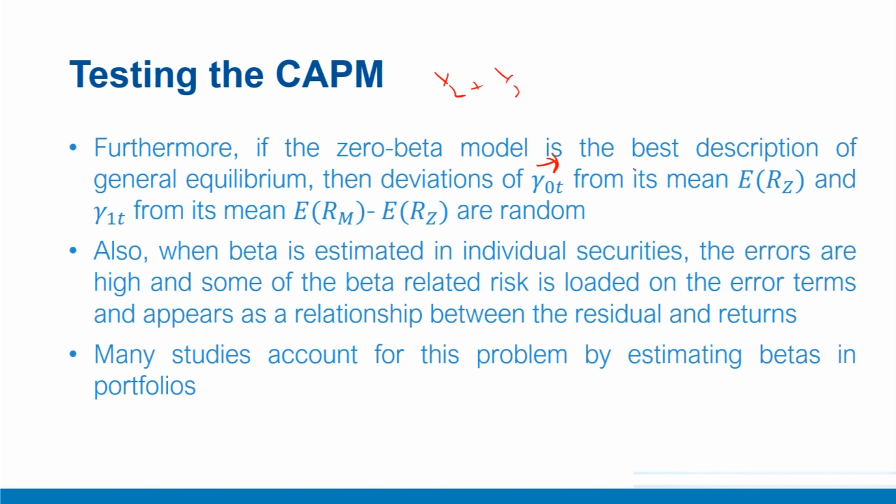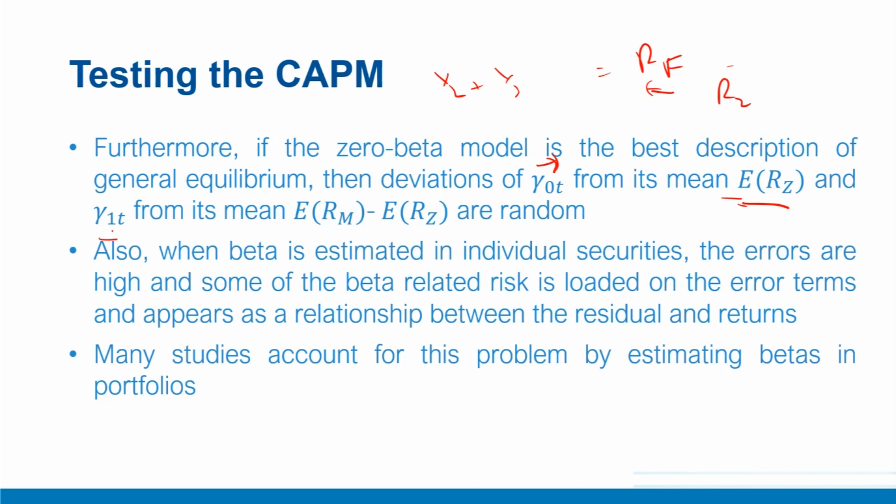For example, if we believe the zero beta version is a true depiction of reality, the mean of gamma naught is the expected value of RZ, or RZ bar, and the period by period deviations of gamma naught t from its mean should be 0. If we believe the standard version of CAPM holds, then gamma naught is RF and its deviation from RF from period to period, their expected value or average, should be 0.